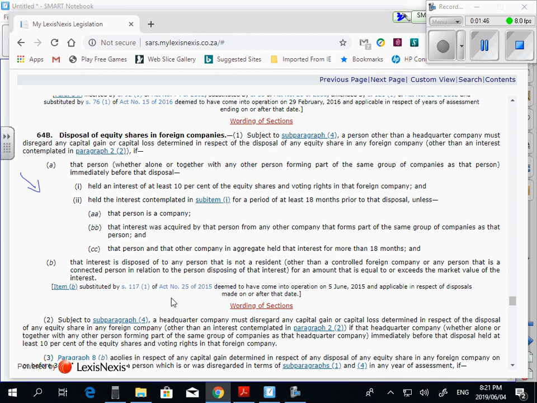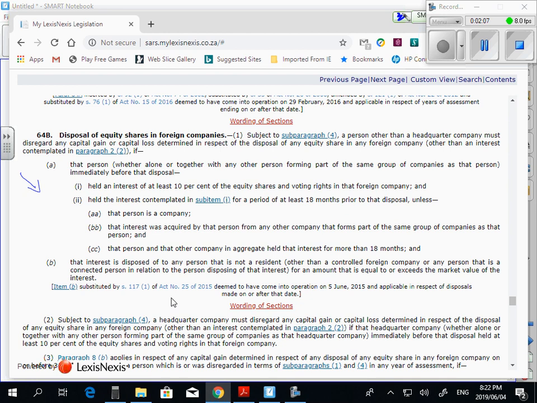It says if that person held an interest of at least 10% of the equity and voting rights. Just like you've got the exemption for dividends where you own 10% or more, this is if you own 10% or more. Held the item for a period of at least 18 months prior to that disposal.